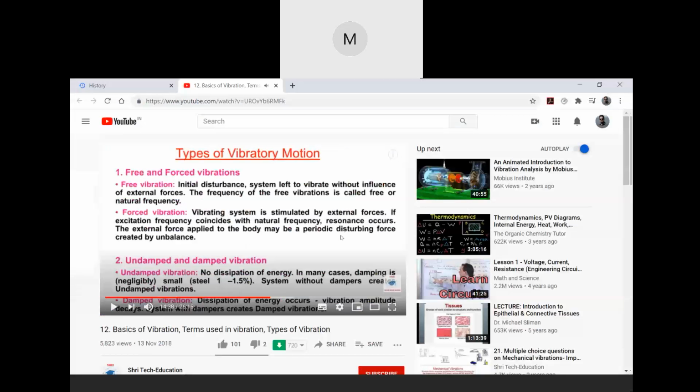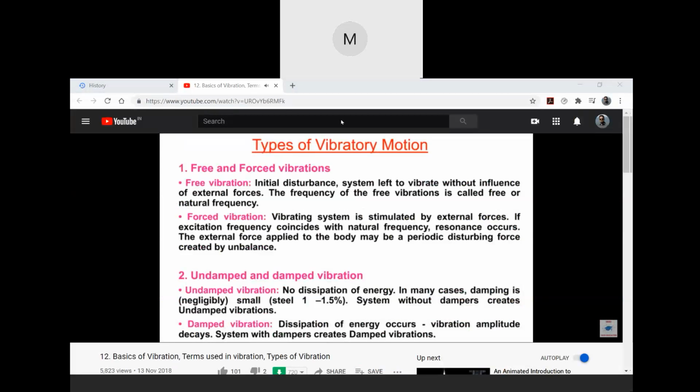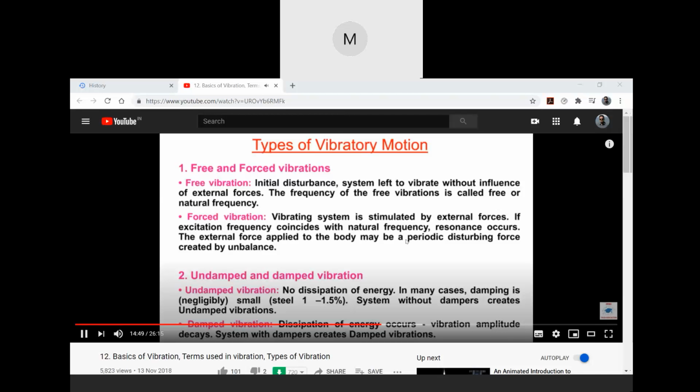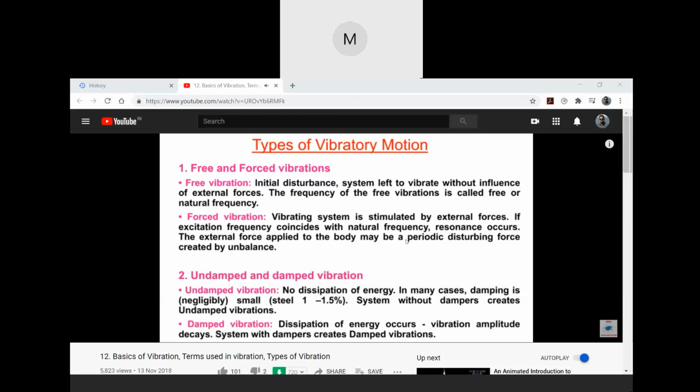What is free vibration? When no external force acts on a body, after giving an initial displacement, the body is said to be under free or natural vibration. An initial disturbance is given to the body and the system is left to vibrate without the influence of external forces.